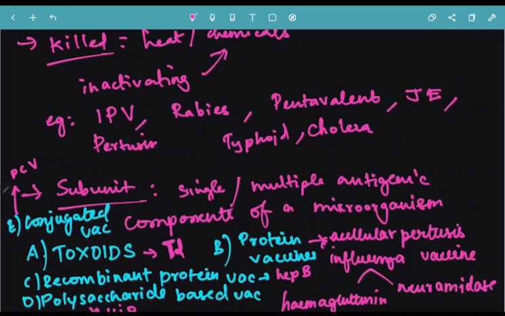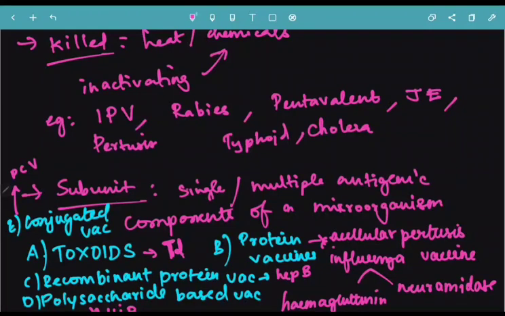Now, only the components of the organism are used in making the vaccine, and that is the subunit vaccine. Remember, in a subunit vaccine only the components of the organism are used to make the vaccine. An example is the polysaccharide vaccine, where you have both meningococcal as well as pneumococcal.